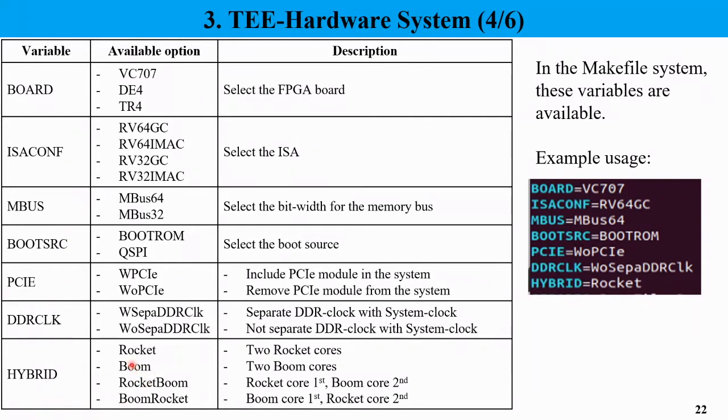So either you want two Rocket cores or two Boom cores, or just a hybrid, a Rocket-Boom where the Rocket is the first core, which is also possible. Other features, including the PCIe and DDR clock and the boot sequence, are also configurable using parameters as well.